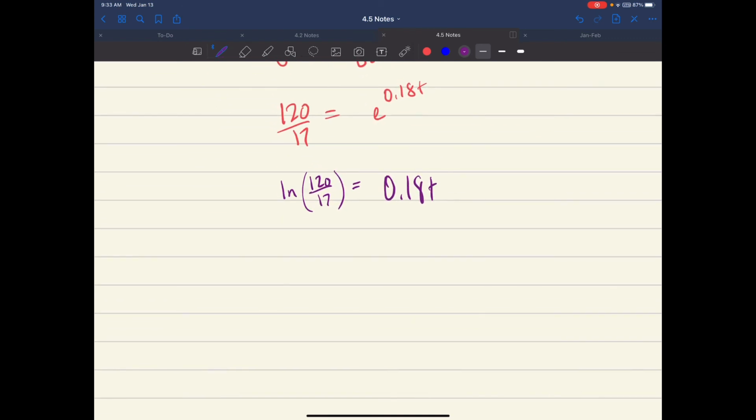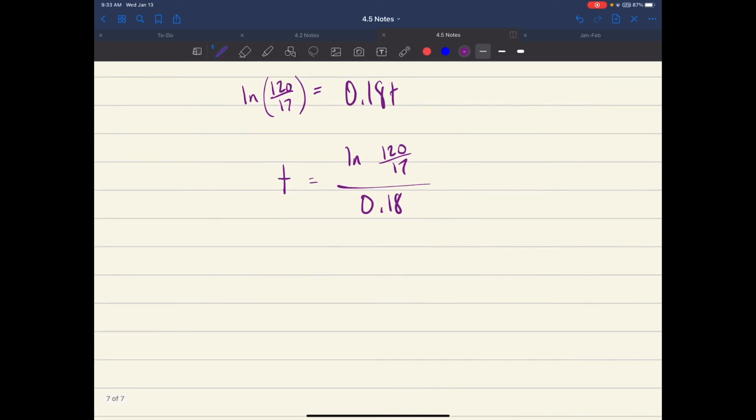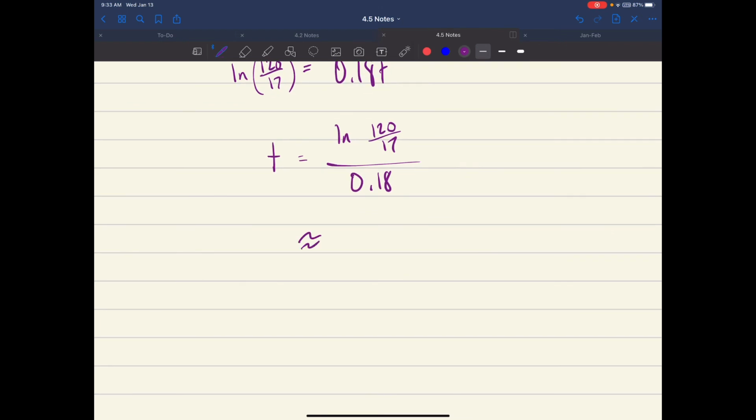Now we divide. So t is the natural log of 120 over 17 divided by 0.18, and that comes out to approximately 10.86, and that is years.